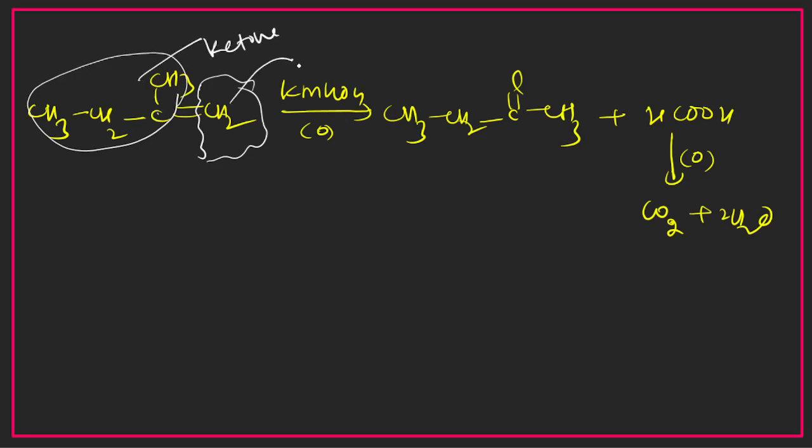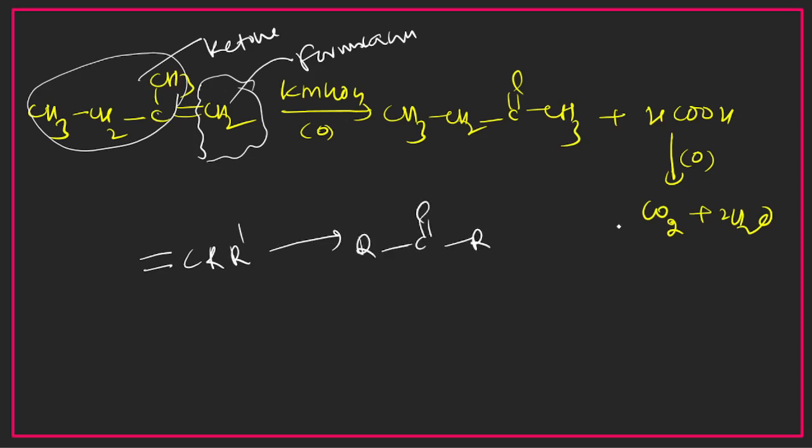This part is converted to formic acid. So it is a non-terminal alkene like this. Non-terminal alkenes are converted to ketones. Same as before, formic acid undergoes further oxidation to give carbon dioxide and water.